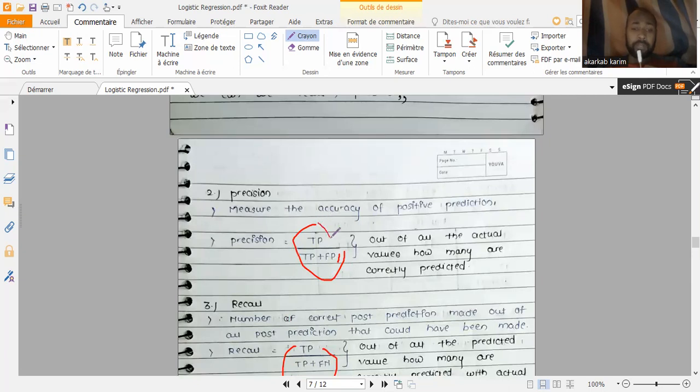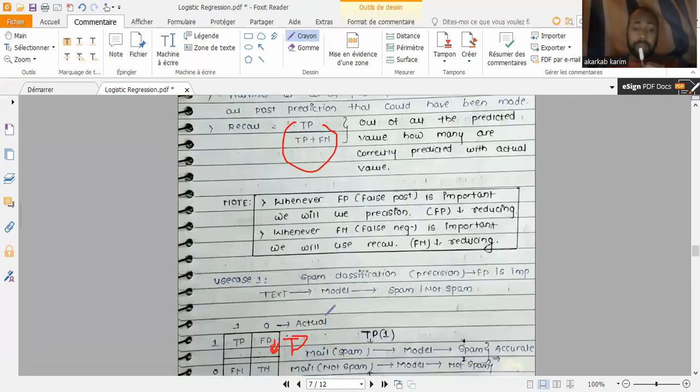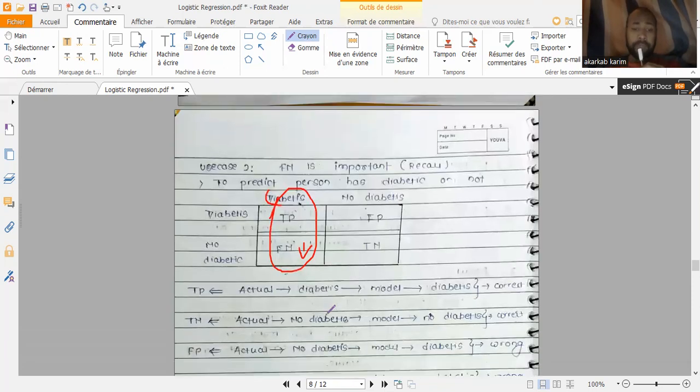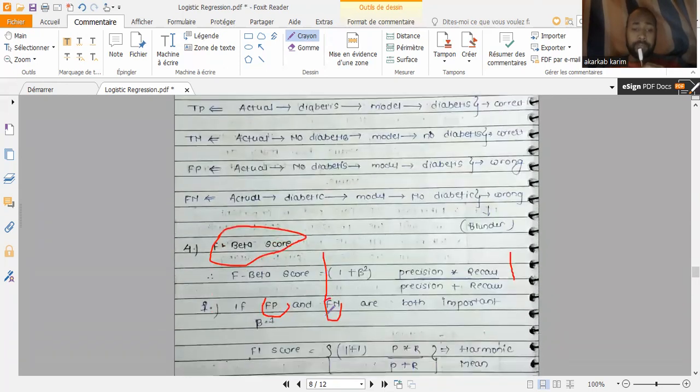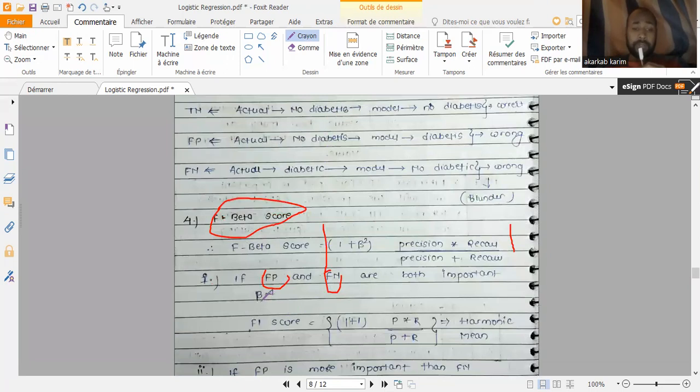If we are interested in both of those measures, we assign beta the value 1. Then the F beta score becomes the F1 score. F1 score equals 1 plus 1, that means 2, times precision times recall, divided by precision plus recall.